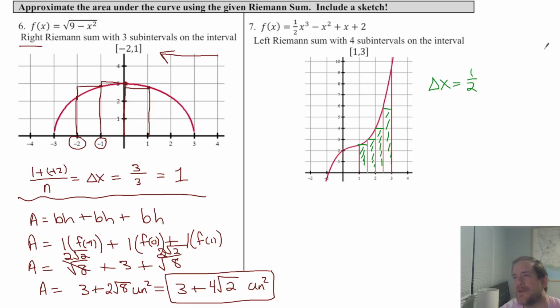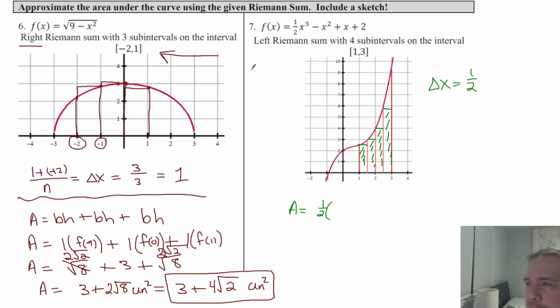Again, if we want to find the area of all these rectangles, we're just going to do base times height like we did before. And I don't mind maybe cutting to the chase here. So my base, if I'm doing base times height, is going to be 1/2. And my height is going to be given by f of 1.